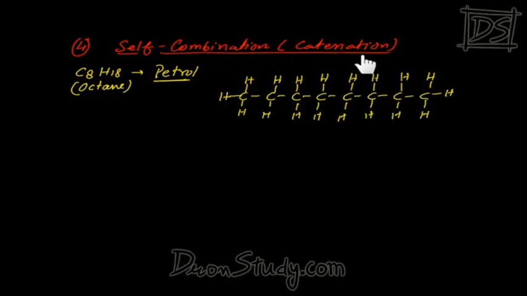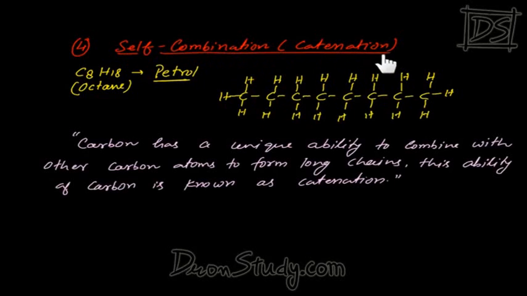Self-combination or catenation. We can define catenation as carbon's unique ability to combine with other carbon atoms to form long chains. This ability of carbon is known as catenation.